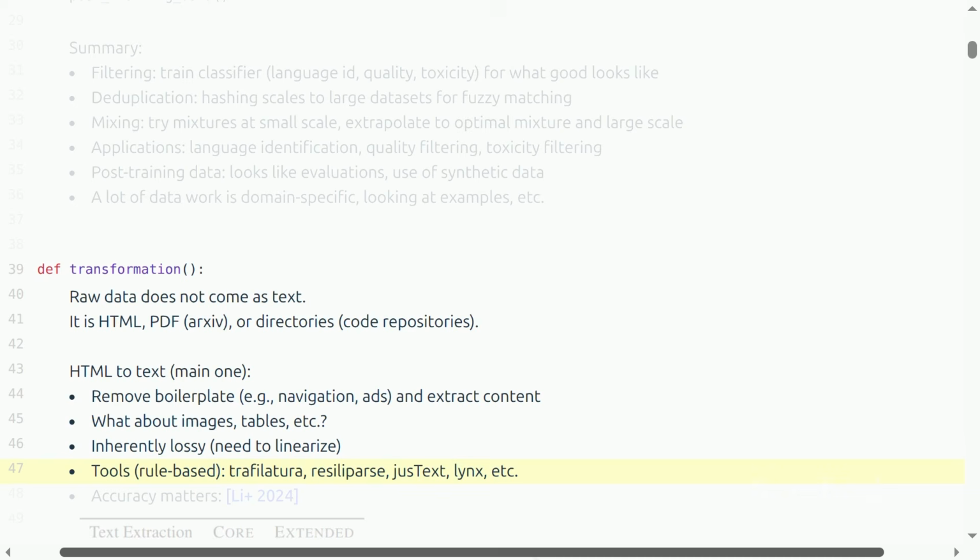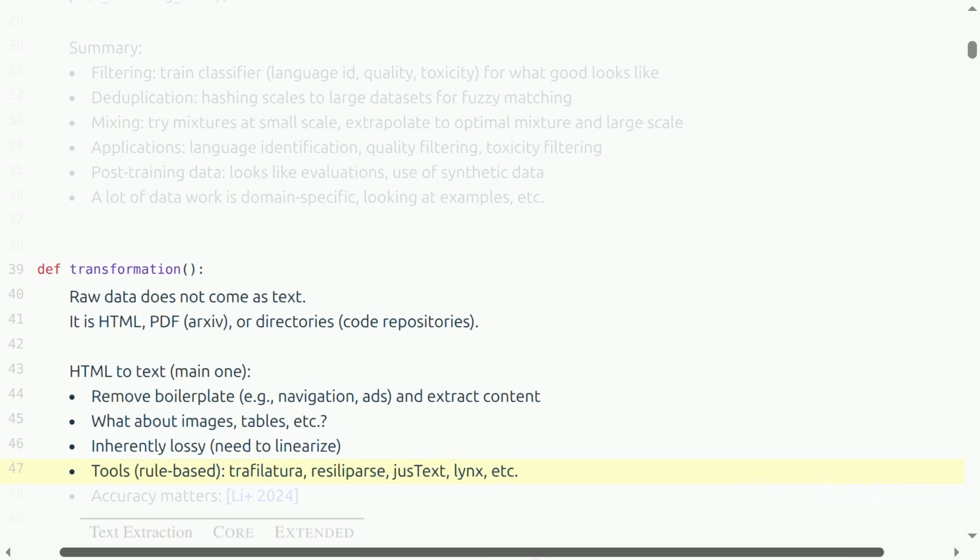So typically, HTML to text processing is rule-based. And the reason for this is that rule-based processors are very fast. And also, you're not trying to do too much here. You don't need too much intelligence, so rule-based generally works. Now, I think there could be a case for model-based interventions at this point. They have to be very fast, and they have to do something more intelligent.